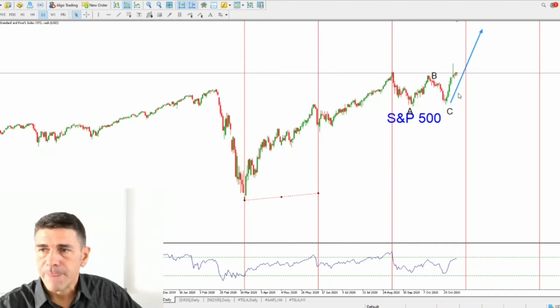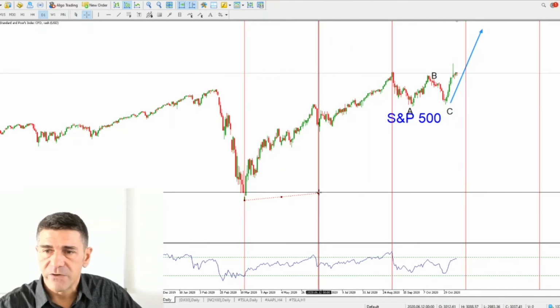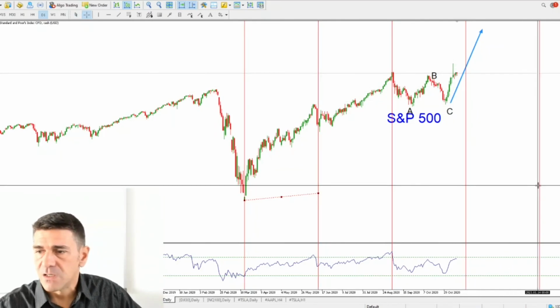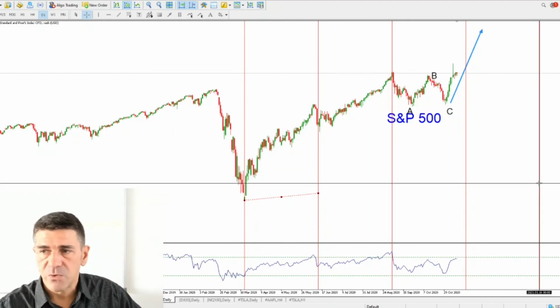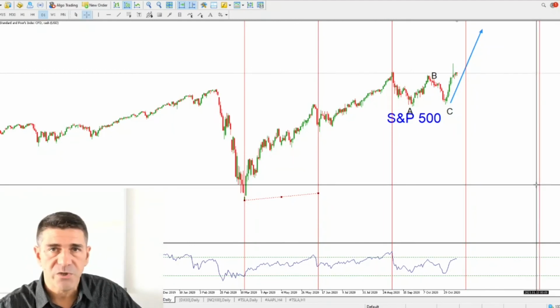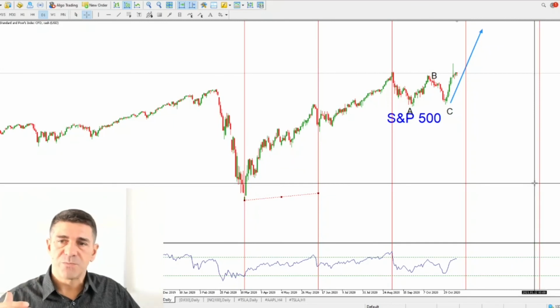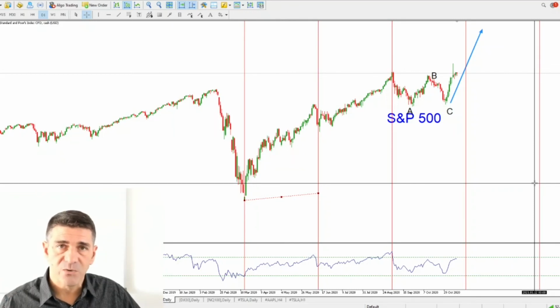What does it mean? That at least in our opinion, somewhere around January, February of next year, until this time we are going to experience some correction, which means the prices of the stock market are going to go down or at least sideways.